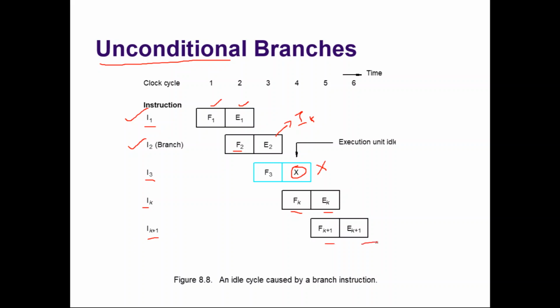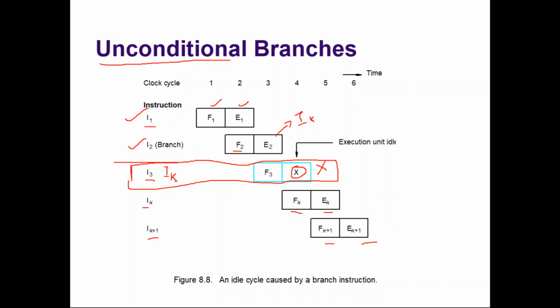Okay. Now in this case, the pipeline is stalled by how many clock cycles? So there is one unnecessary instruction sitting in between, that is called instruction 3. See, assume that due to some magic, we know that after I2, IK is the one to be executed. How?